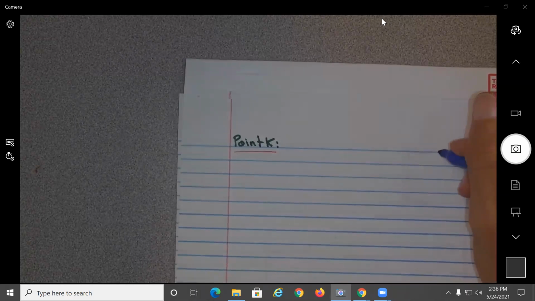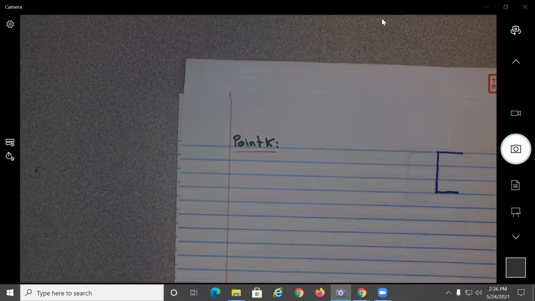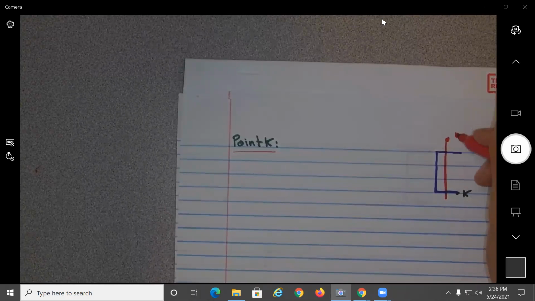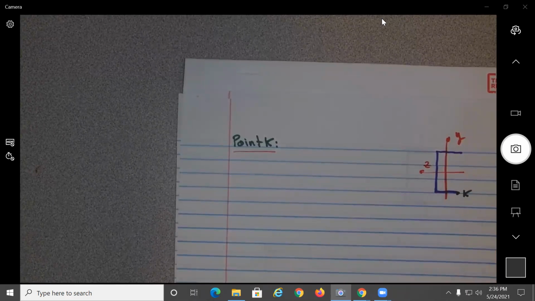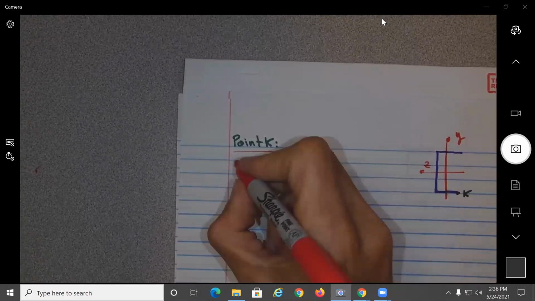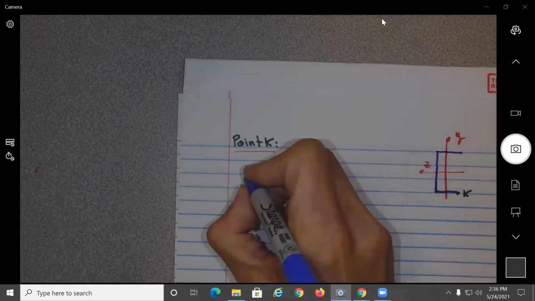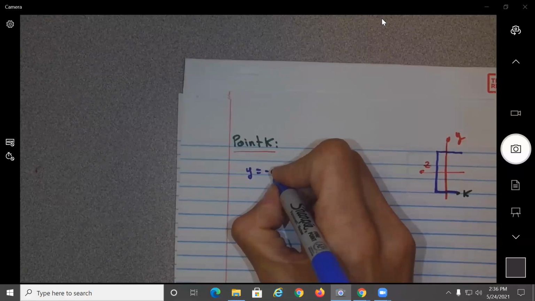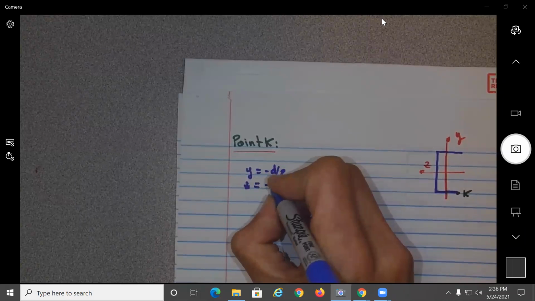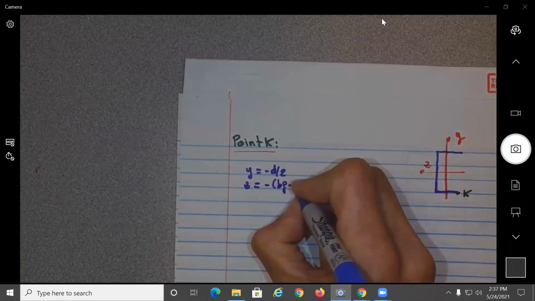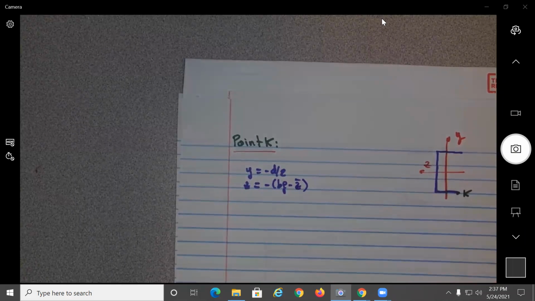So for point K, again, I redo the figure very quick. All right, so we had Y equal to minus D over 2 and Z equal to minus BF minus Z bar. Then we had the values, but it doesn't matter.